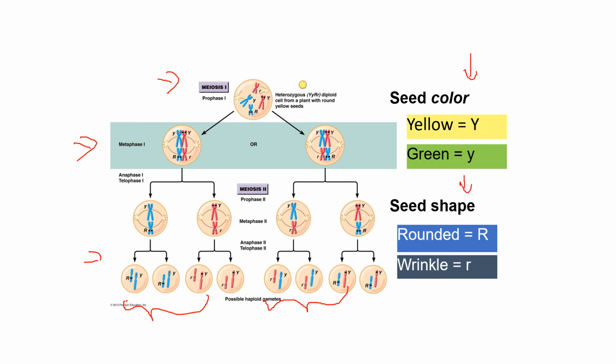In the case that we studied, it was the color of the seed, and here the shape of the seeds. And as I said, the genes will be located in the chromosome, but they will move randomly.